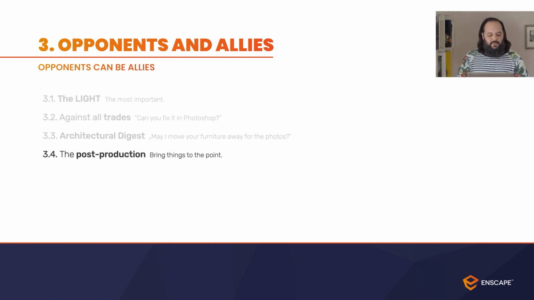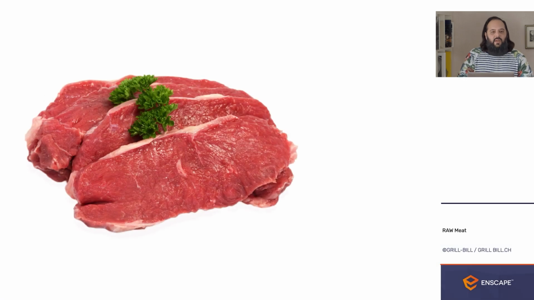The post-production. Why do photographers always shoot raw? To keep it not technical, but descriptive. There are certainly many reasons to buy good meat raw. One of these reasons is that it is raw.